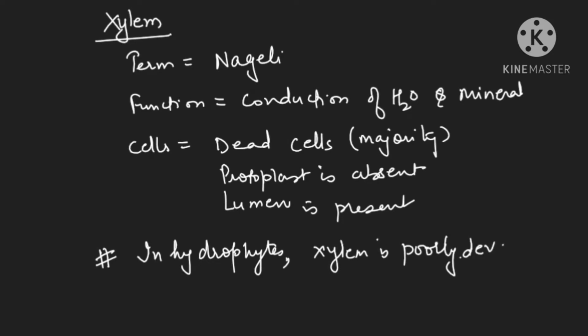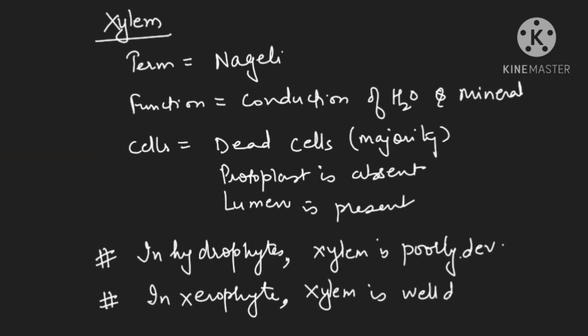So they can take the water by the process of simple diffusion. But in xerophyte means dry condition, like desert plants, xylem is well developed. So in hydrophytes, it is poorly developed, and in the xerophyte, it is well developed. Is it clear?